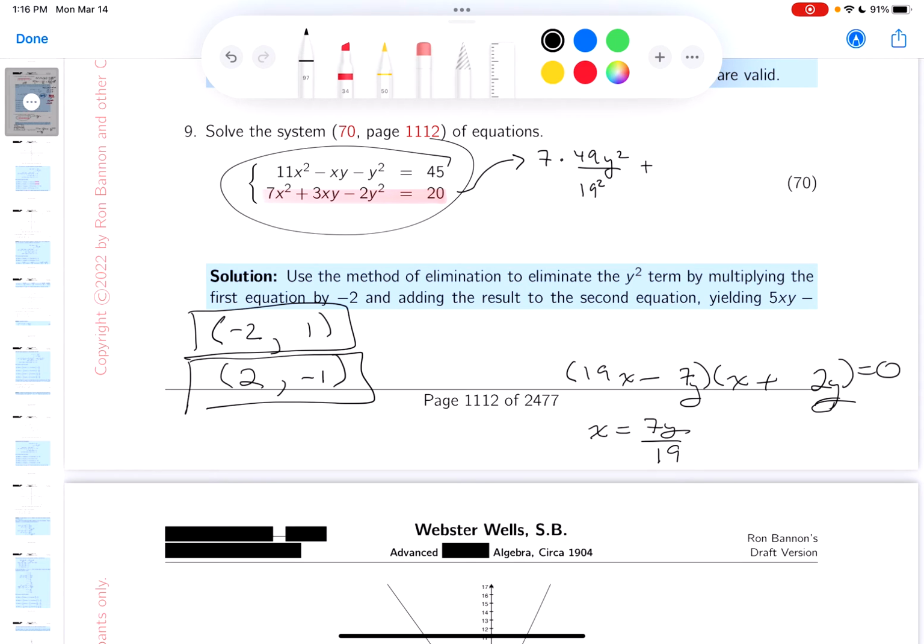So that's going to be 21y squared. And what do you get on bottom? 19. I got to be careful. Let's see if I did that right. 3xy, 21y squared. Yeah, I did okay. Let's keep going. Minus 2y squared is equal to 20.